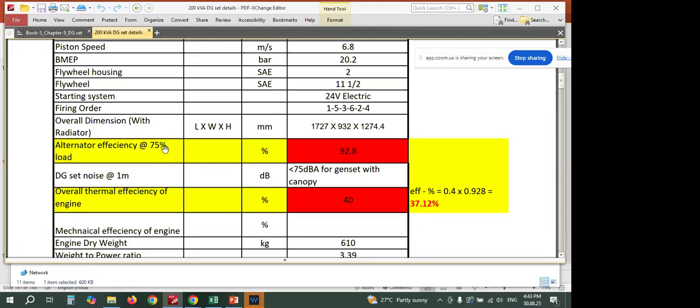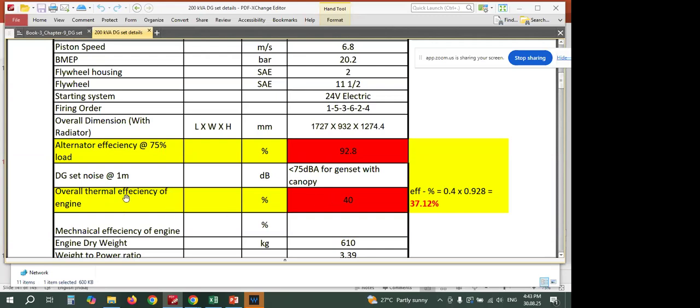Nowadays, because of increased technology, the efficiencies are almost constant from 75% load to 100% load, or say 95% load. After 95%, efficiency decreases. So alternator efficiency is 92%, and overall thermal efficiency of the engine is 40% only.